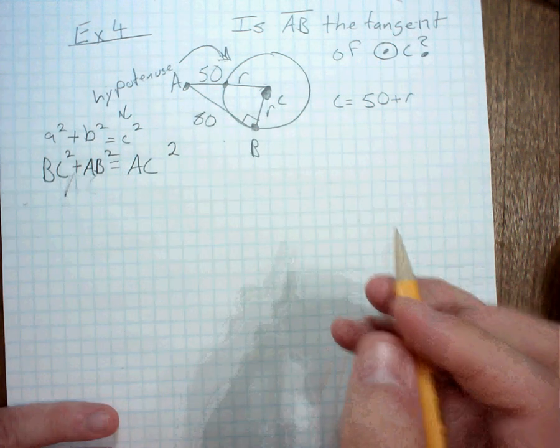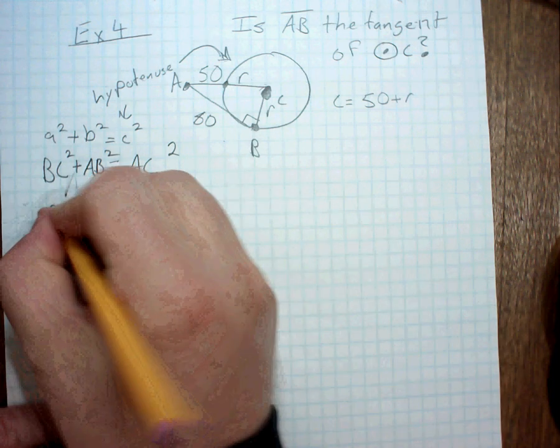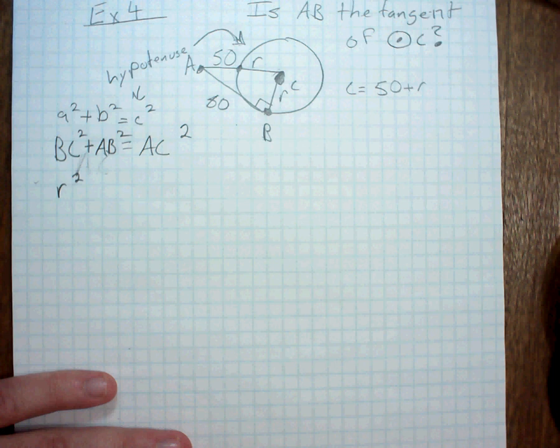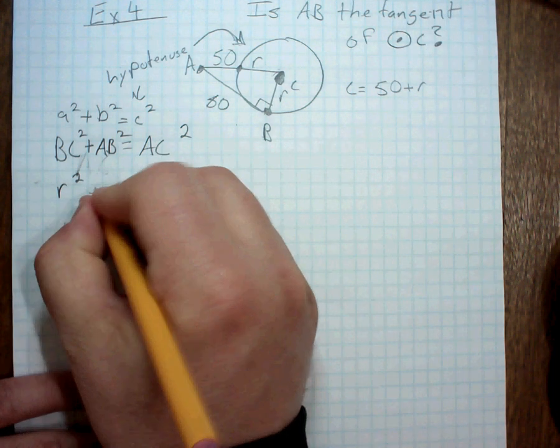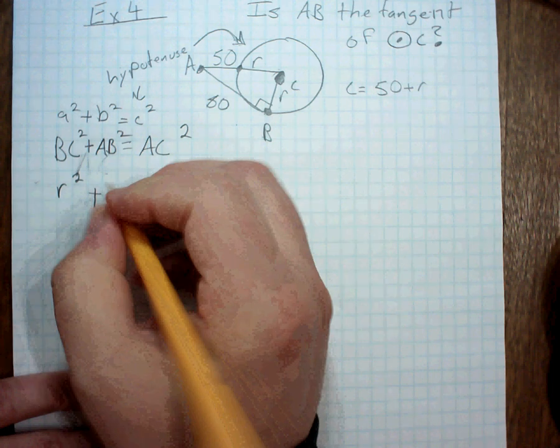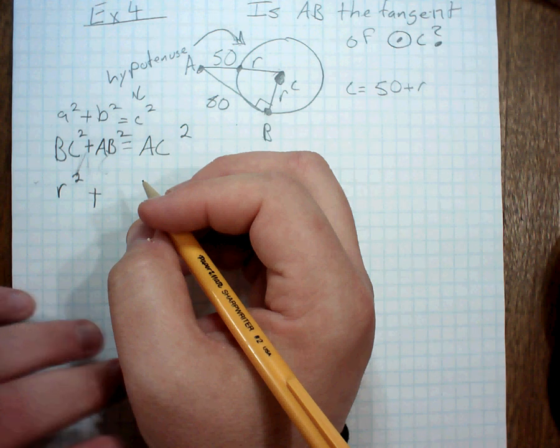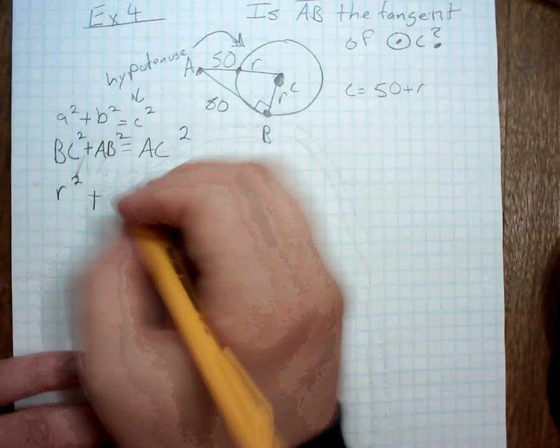Well, what is BC? BC is just r, lowercase r, the radius of the circle. AB, on the other hand, is 80. Yeah, no, it's 80.